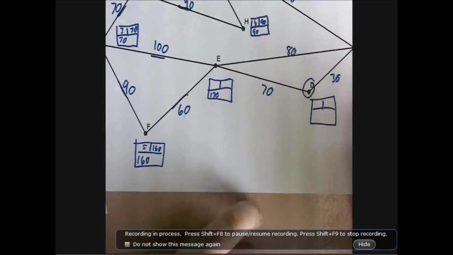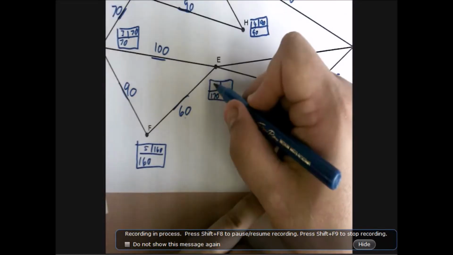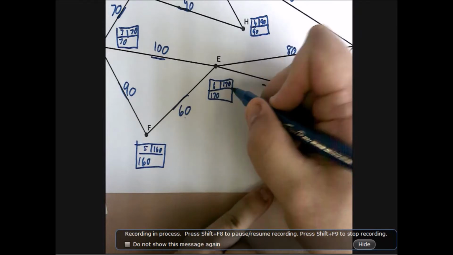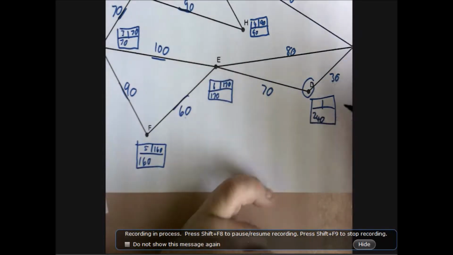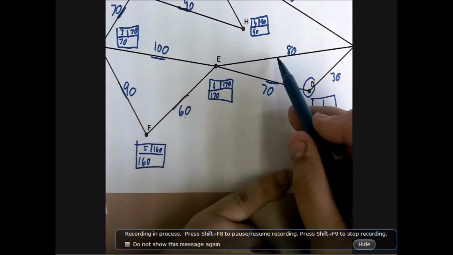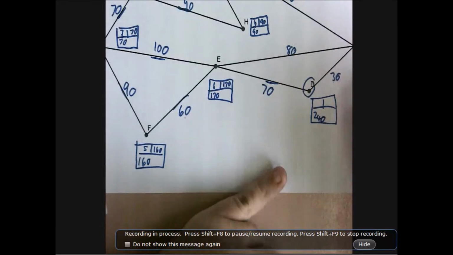Our next stop will be E. 170 plus 70 makes 240. 170 plus 80 doesn't improve on 210.